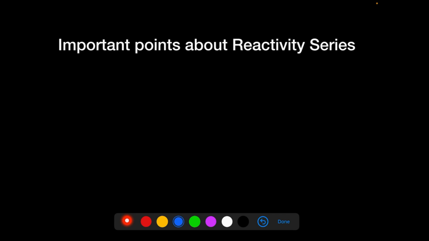Now we look at the important points. Firstly, more reactivity means higher drive of giving up electrons to form positive ions.